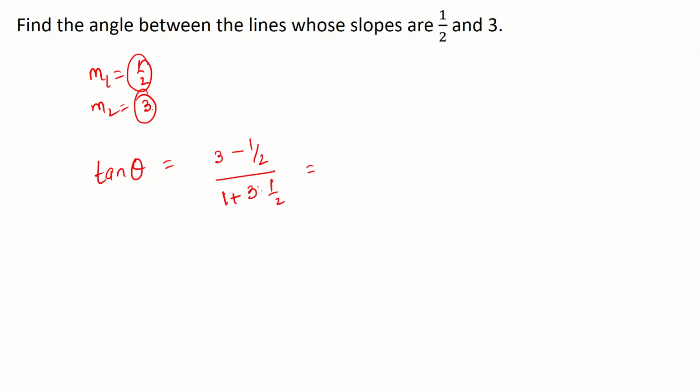So this turns out to be 5 by 2 divided by (1 + 3 by 2), which is 5 by 2 again. So this turns out to be 1. So tan theta is 1, that means theta is equal to 45 degrees. So these two straight lines make an angle of 45 degrees between them.